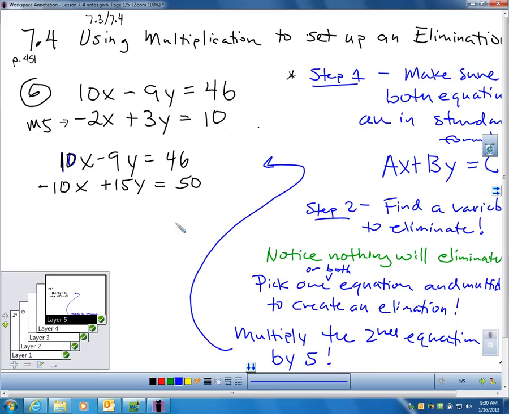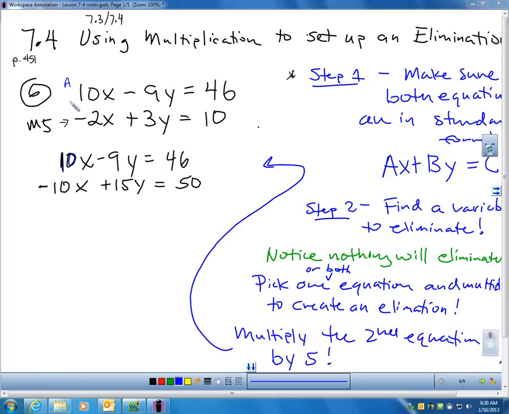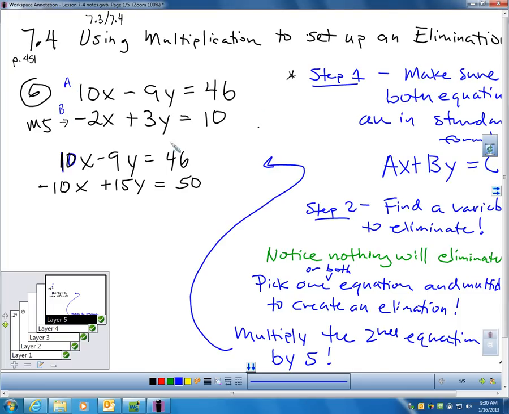So here's what I did in that next step. This is equation A. Here's equation B. Equation A didn't change. Equation B, I multiplied everything by 5, so I get negative 10x plus 15y equals 50. Now I can eliminate. If I add these up, the 10x and the negative 10x will eliminate each other.